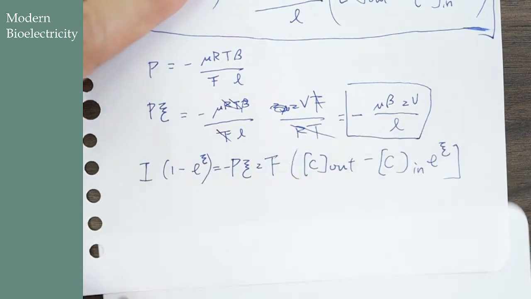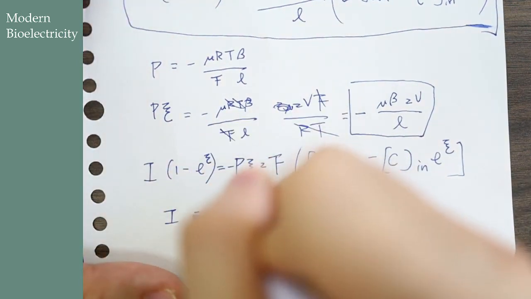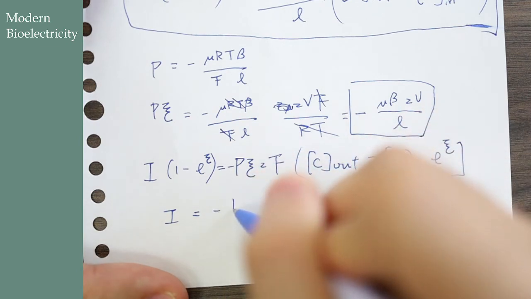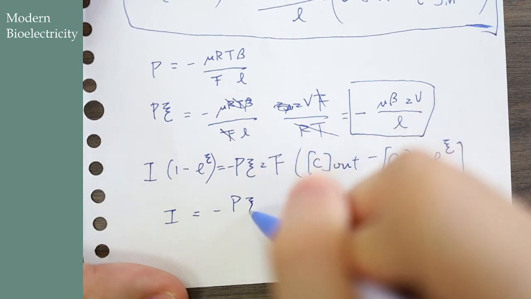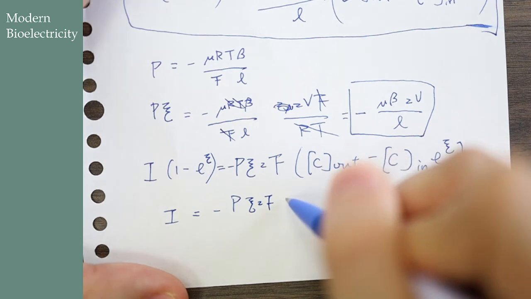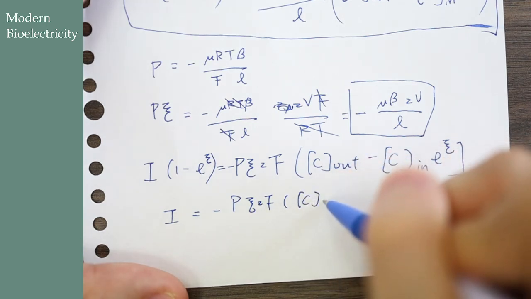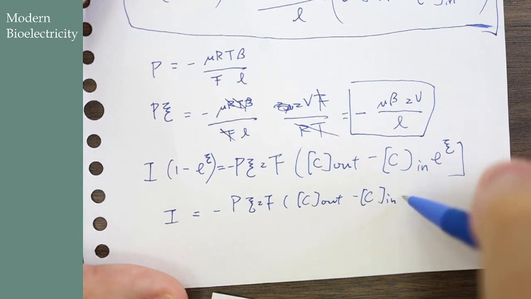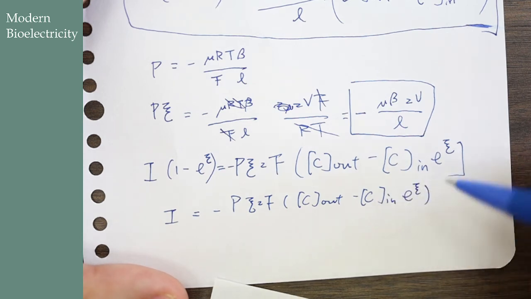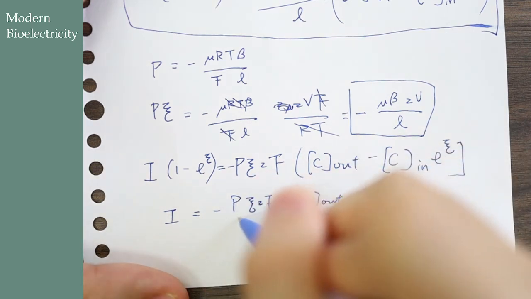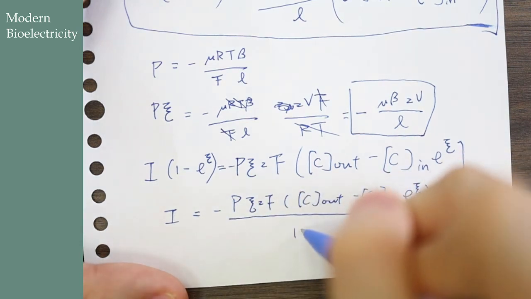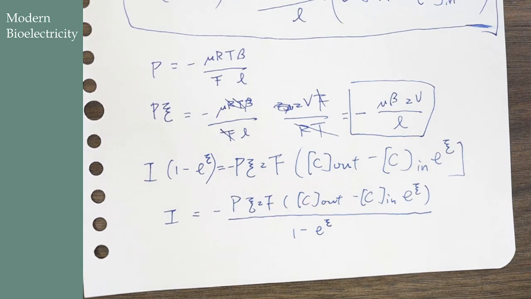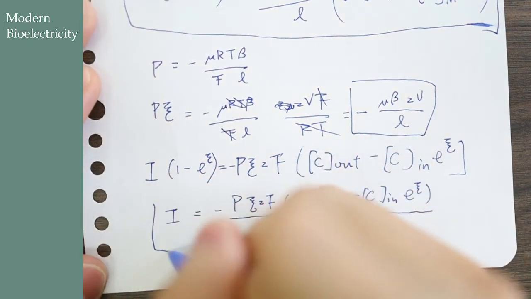And then we can get I is equal to all this minus P DZF C out minus C in EC, right? Divided by 1 minus E. Okay, we can have this.